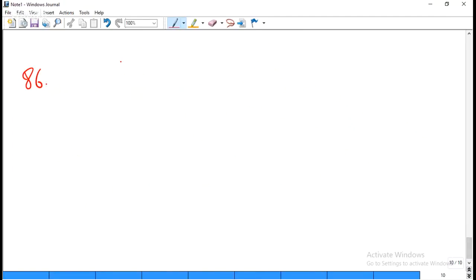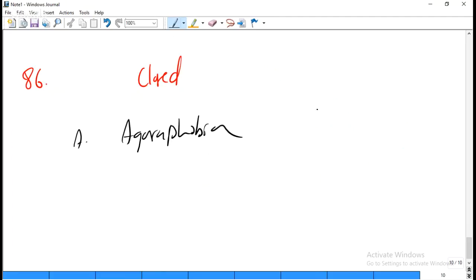Question number 86. One word substitutes. Fear of being enclosed in a small closed space. So what's the fear of closed spaces or closed places? Let's see the options. A is agoraphobia. B is claustrophobia.